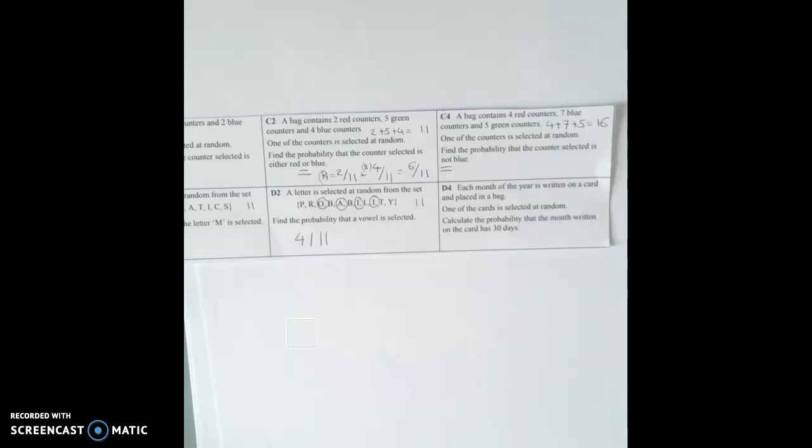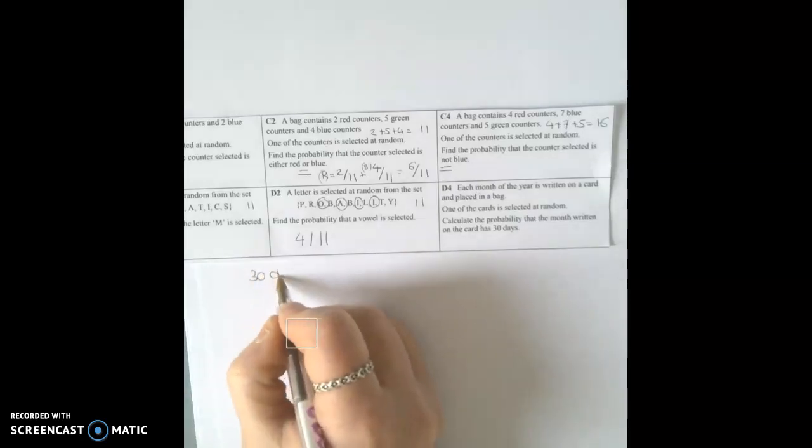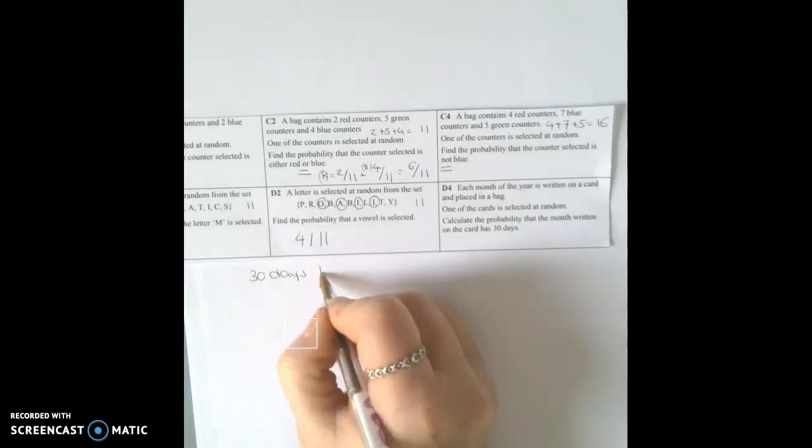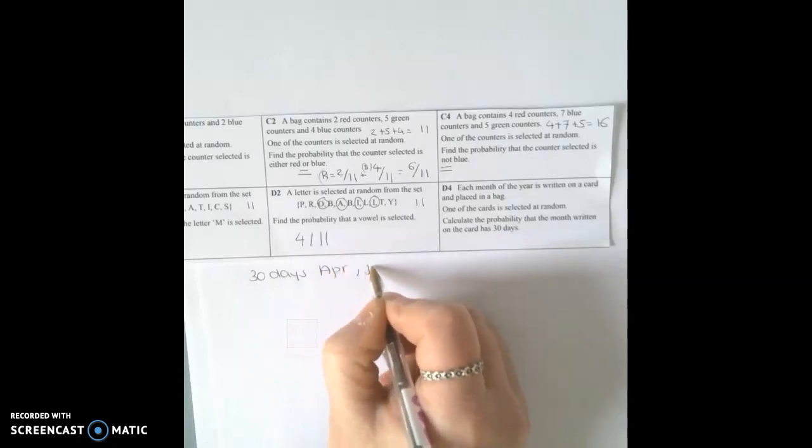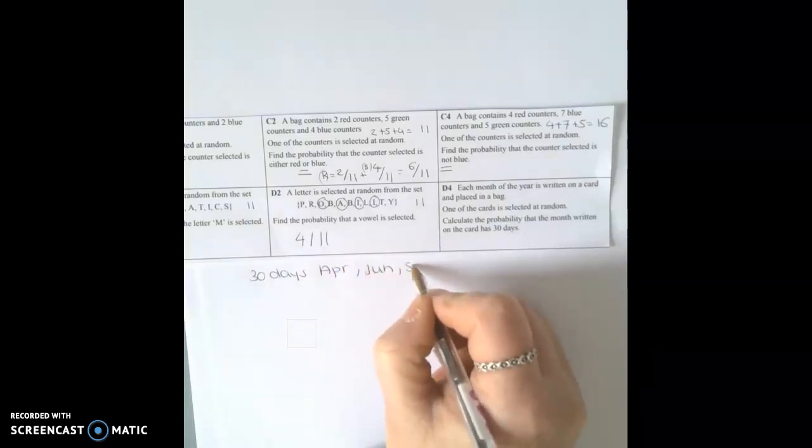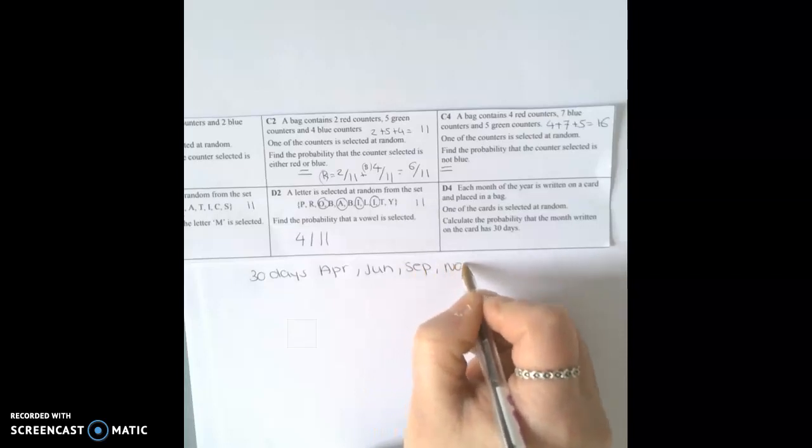Calculate the probability that the month written on the card has 30 days. So you need to know how many months of the year have 30 days. Well, 30 days has September, April, June and November. So we know April, June, September and November.